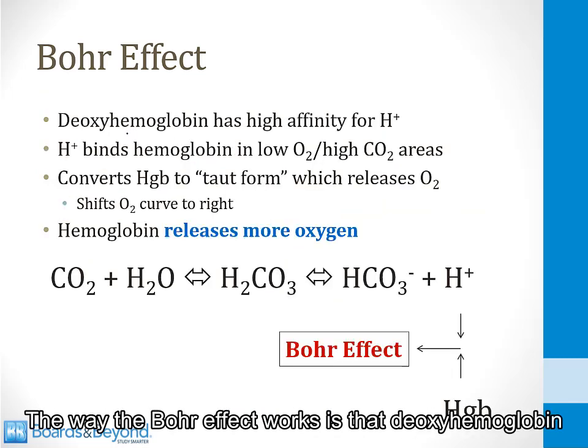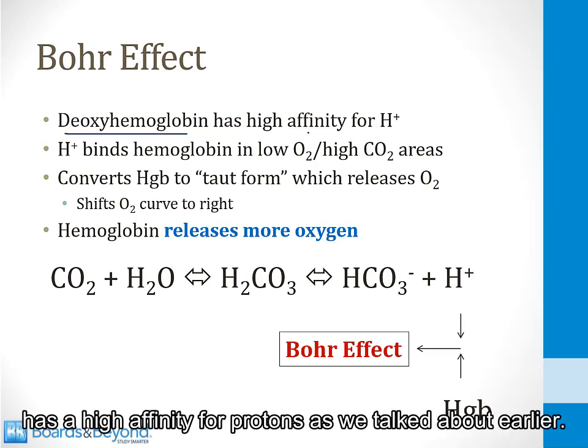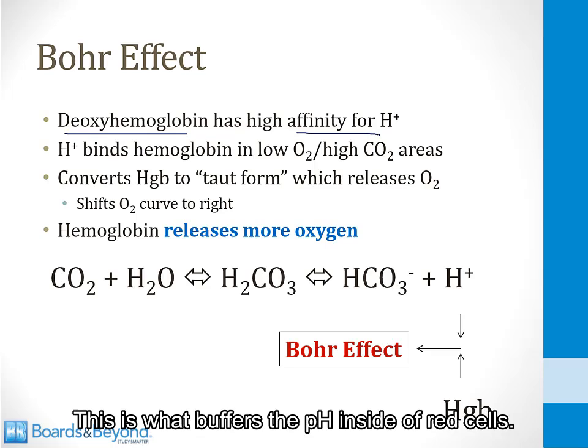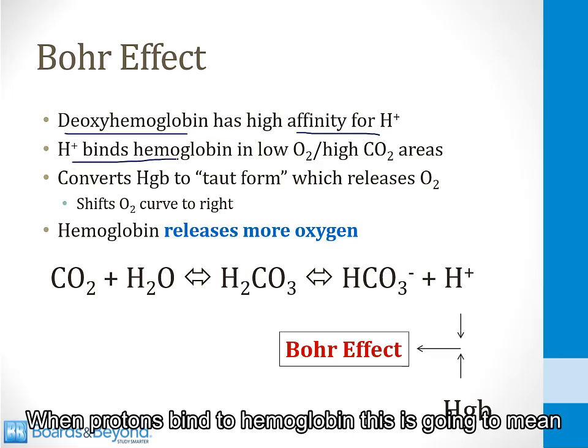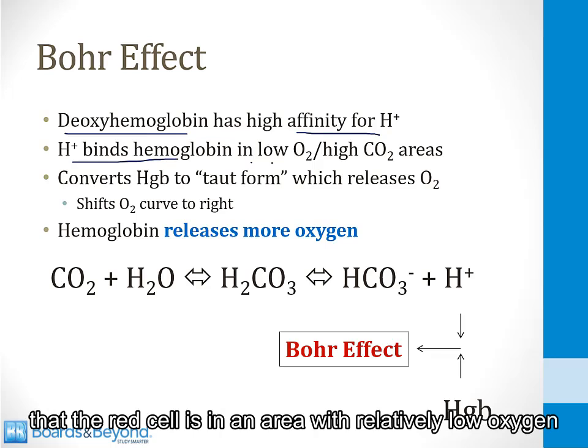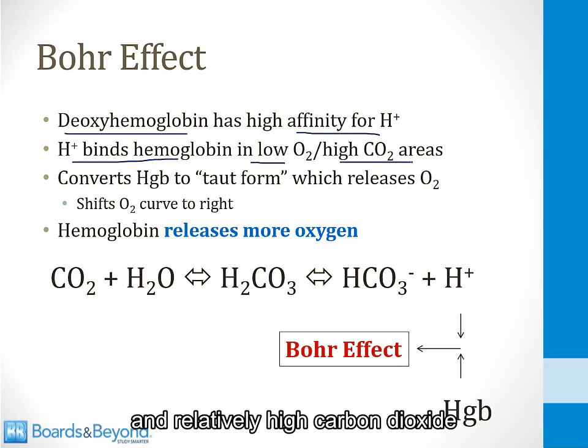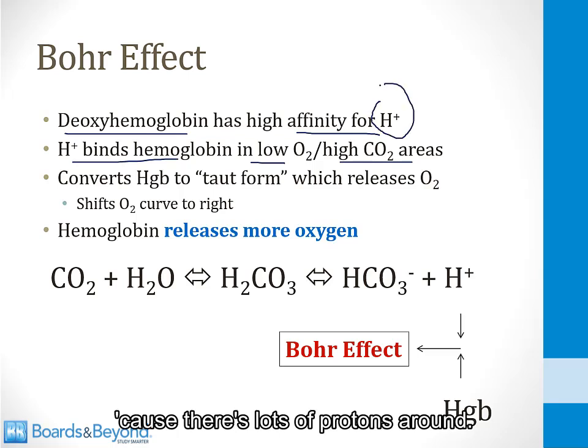The way the Bohr effect works is that deoxyhemoglobin has a high affinity for protons, as we talked about earlier. This is what buffers the pH inside of red cells. When protons bind to hemoglobin, this is going to mean that the red cell is in an area with relatively low oxygen and relatively high carbon dioxide because there's lots of protons around.